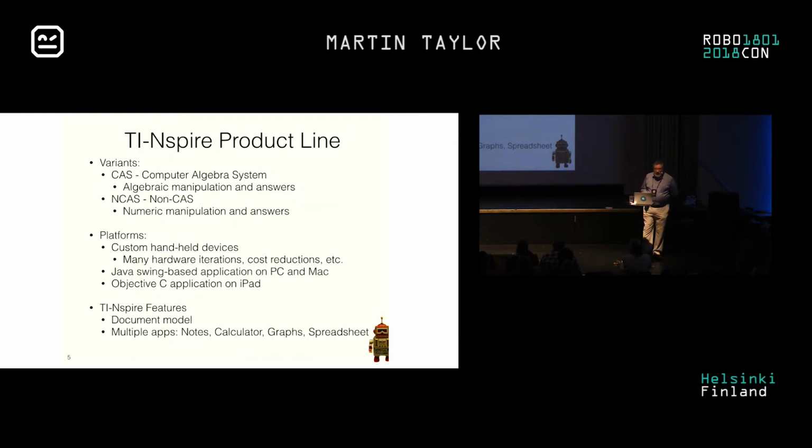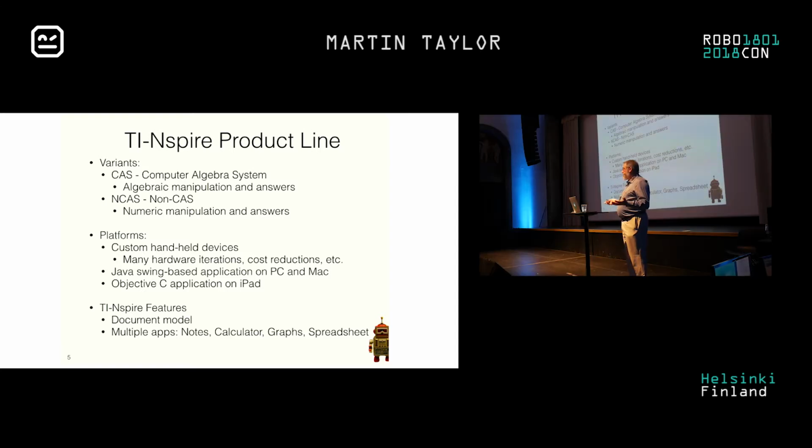In that product line, there are two variants: the CAS, or computer algebra system, which does algebraic manipulation of the formulas you enter and gives you an algebraic solution. And then there's the non-CAS or NCAS version, which does strictly numeric manipulations and numeric answers. Which calculator gets used depends on the teaching style.